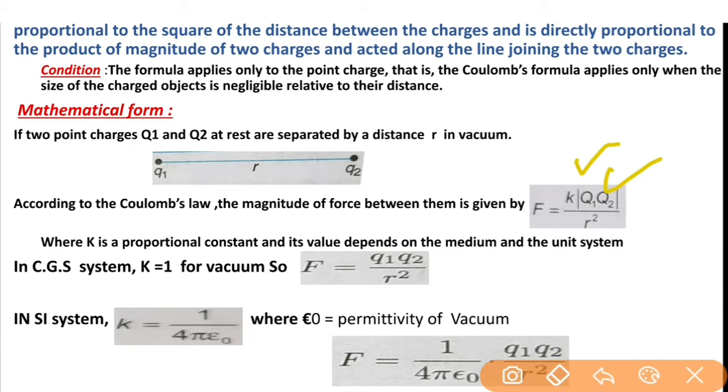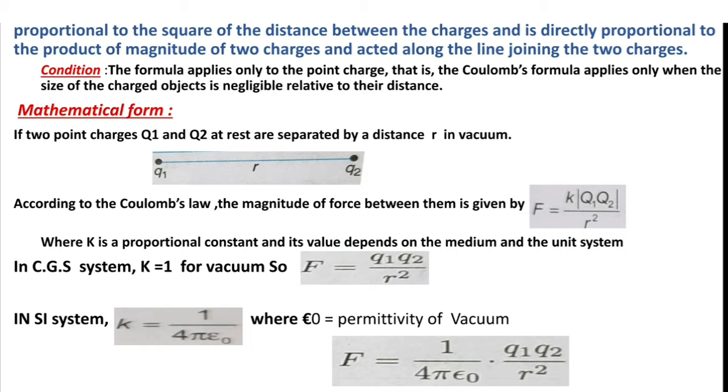In the SI system, the value of k is equal to 1 by 4 pi epsilon 0. What is epsilon 0? Epsilon 0, or epsilon naught, is the permittivity of vacuum, or permittivity of air medium. So in the SI system, F equals 1 by 4 pi epsilon 0 q1 q2 by r square.